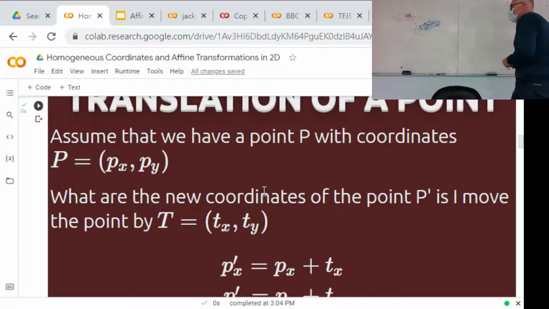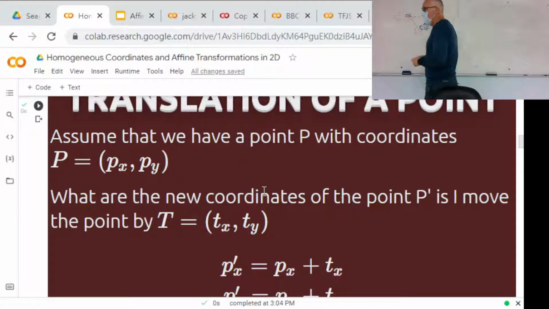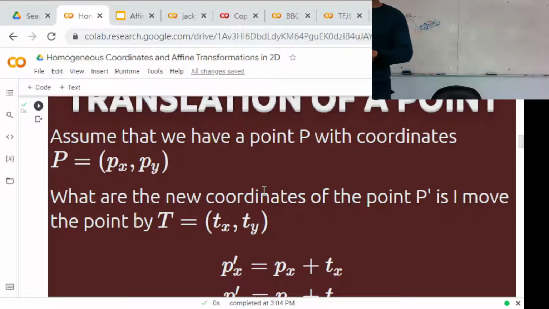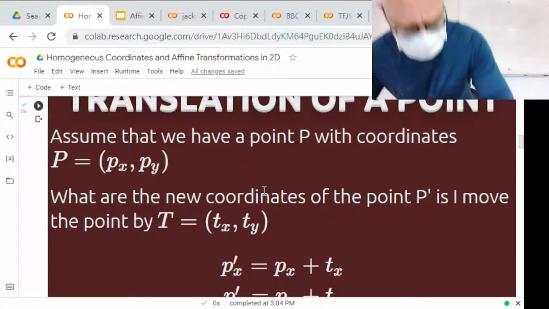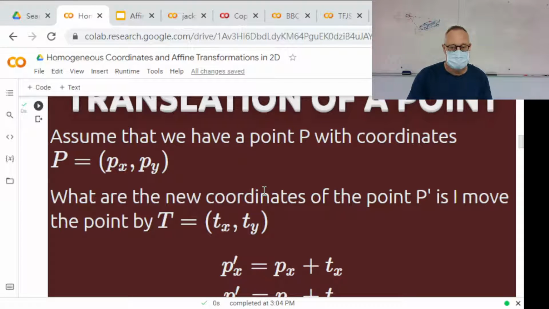So if the camera moves, then we can move the camera by translating it, and we see how that changes the coordinates. Now, the other thing, of course, we can do with the camera is we can also rotate it. So the question is, how do we model the changes to the coordinates if we rotate the camera? How do we model rotation?